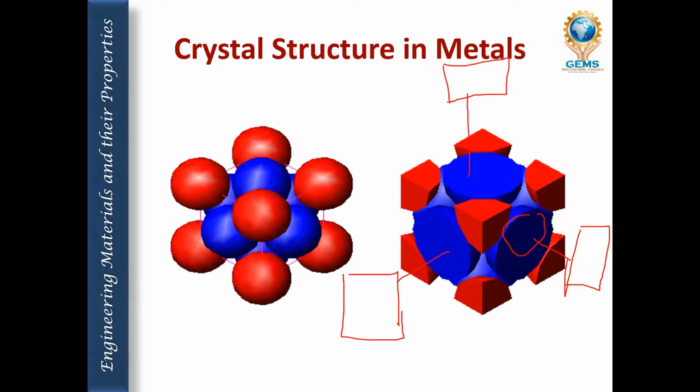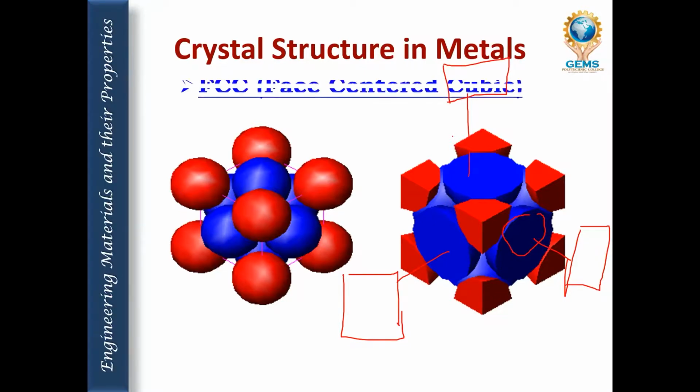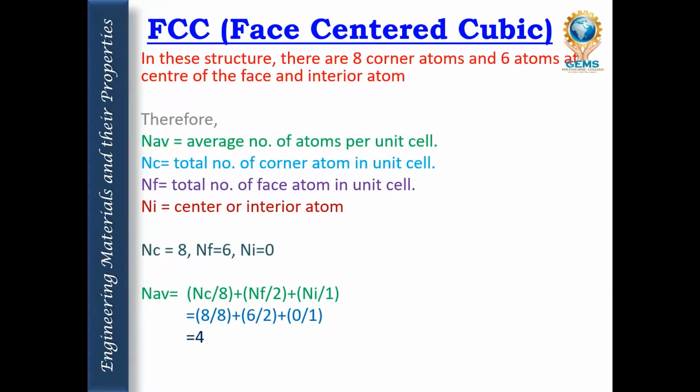So that means only half an atom will be there. Here it is shared with 4 unit cells, so here only half. So in the calculation, in this structure there are 8 corner atoms and 6 atoms at the center of the faces, and no interior atom.